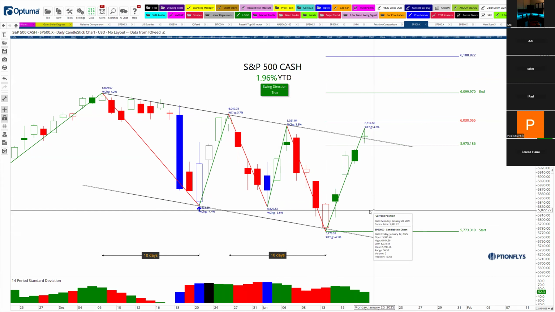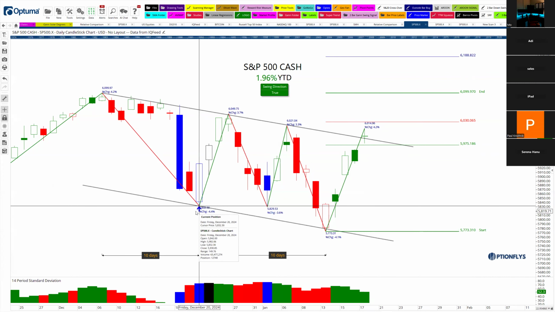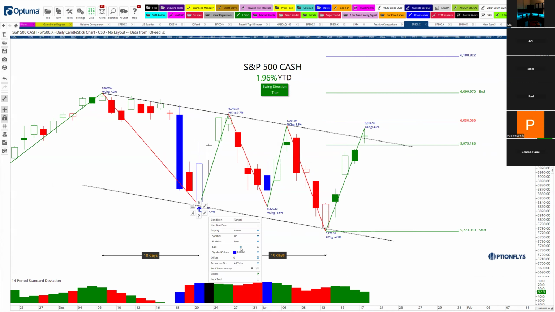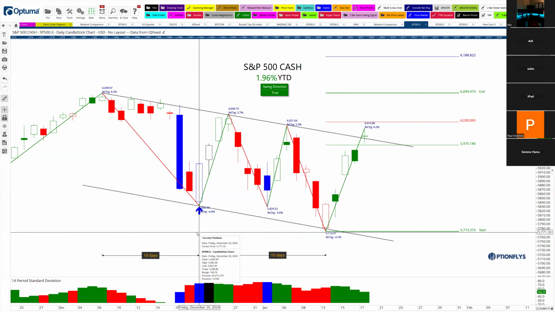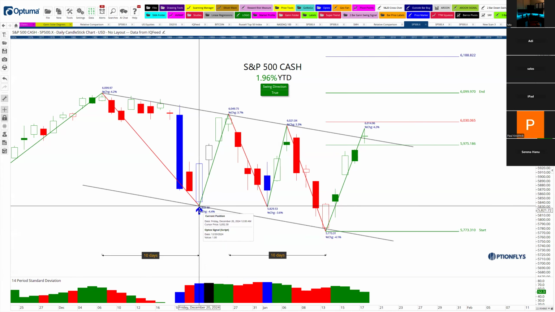So the only reason that I am bullish, and you can say I'm more optimistic, is because of this signal. I don't ignore them when I see them, because I know that it doesn't appear that often. When it does, I act.